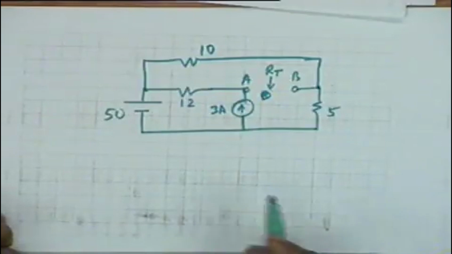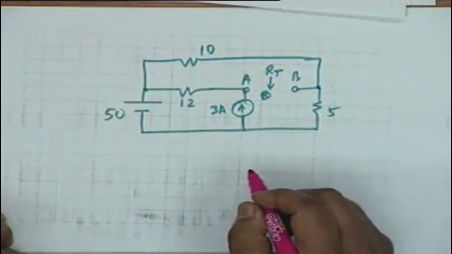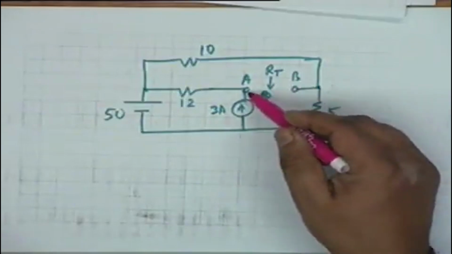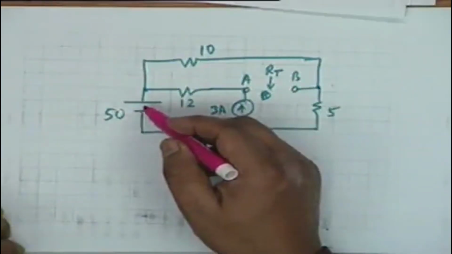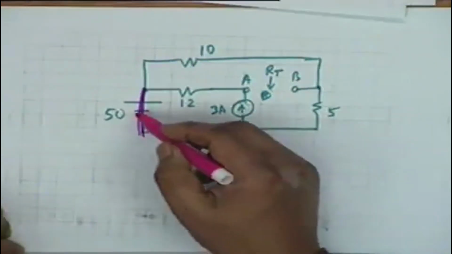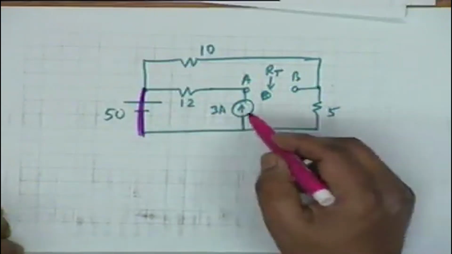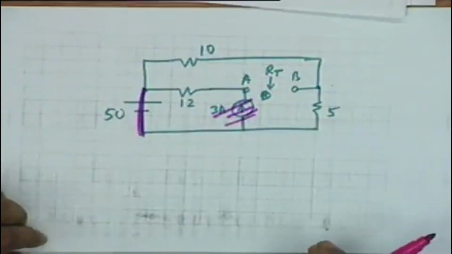In the previous method, I short circuited this and found ISC, the short circuit current. Now we shall argue that RT is the resistance between A and B with independent voltage sources short circuited, so this is replaced by a short circuit now, and independent current sources open circuited. So break this up, remove this source physically.